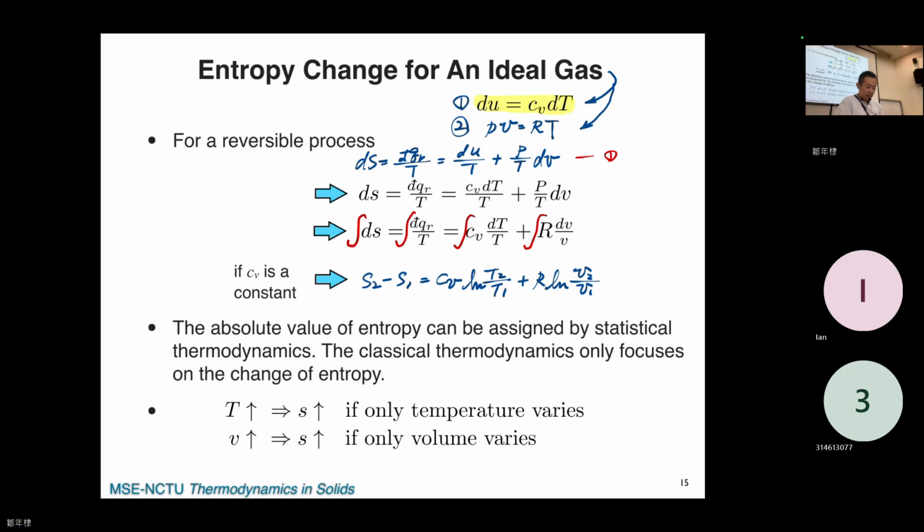If you heat up something, the randomness of the molecules will become greater and greater, so you increase entropy. And if you make the volume greater and greater, the molecules have more space, so they can be more random. So the entropy increases. This kind of makes sense. And also you can see that it obeys this equation.